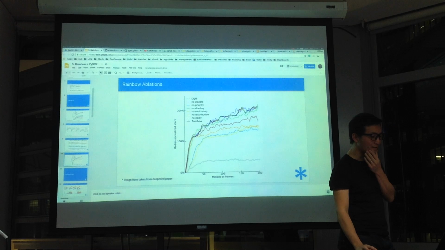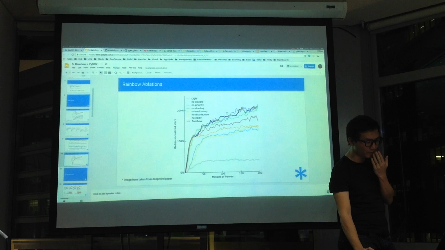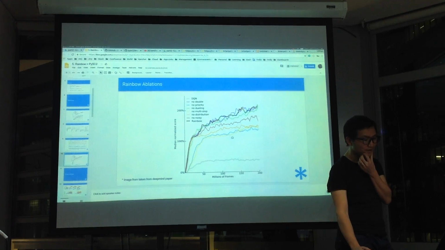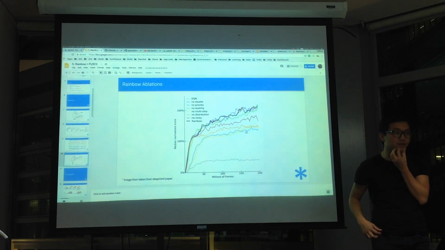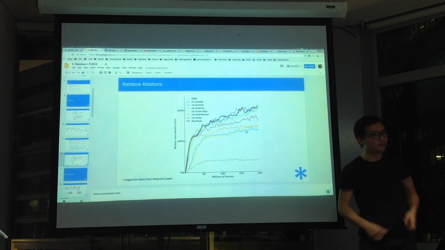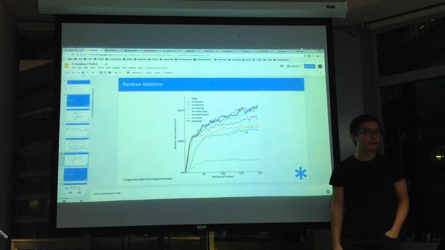Then they tried, what happens if we remove double? The purple one, double, didn't seem to make much difference. The dueling one only made a minor difference when they took it out. The more interesting ones are multi-step and prioritized experience replay, which, when they took them out, caused a much sharper drop in performance.